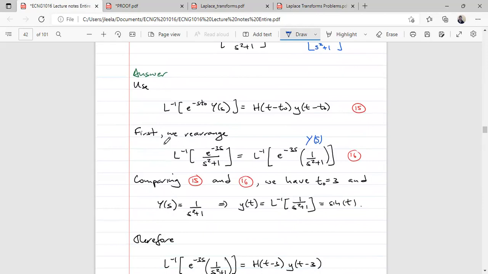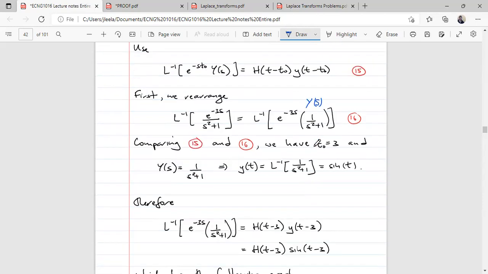So if we rearrange e to the minus 3s over s squared plus 1, basically we take the Laplace inverse, bring the e to the minus 3s on the outside, and bracket the 1 over s squared plus 1, which is your Y of s, and your t naught is 3. We know the Laplace inverse of this, 1 over s squared plus 1, would be sine t.